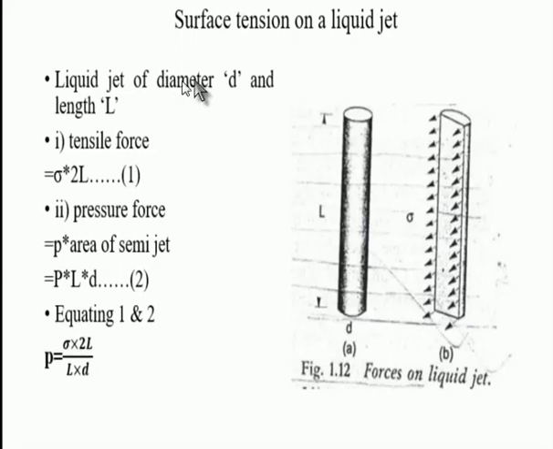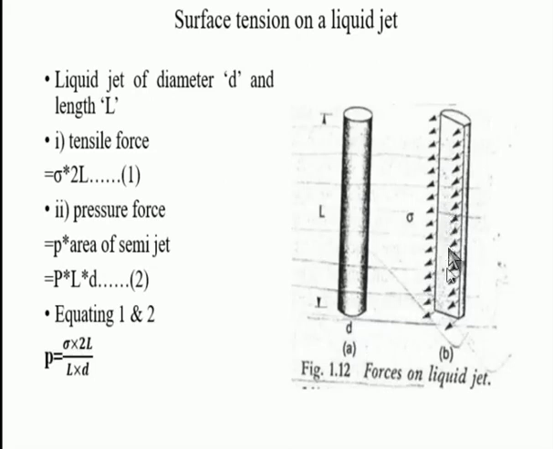Consider a liquid jet of diameter d and length L. From this to this it has length L and its diameter is d.